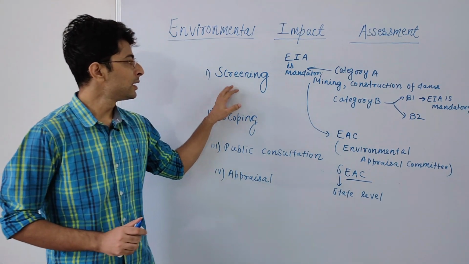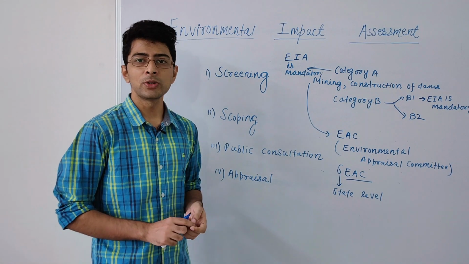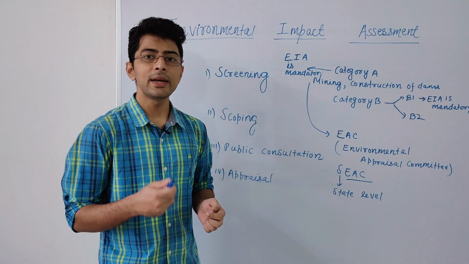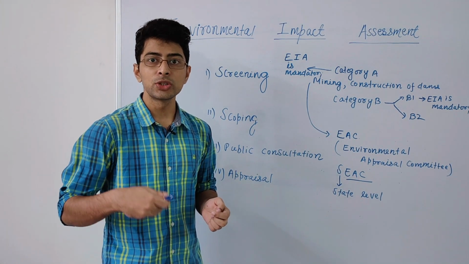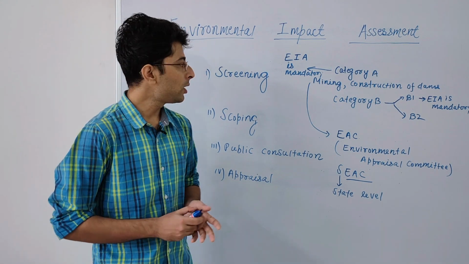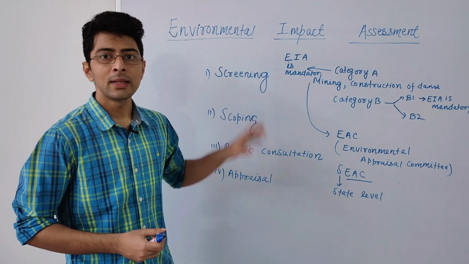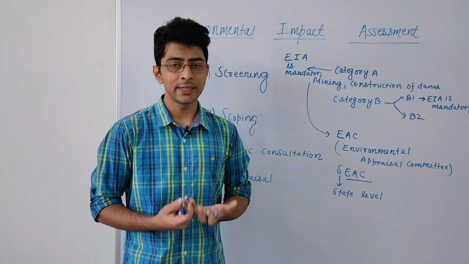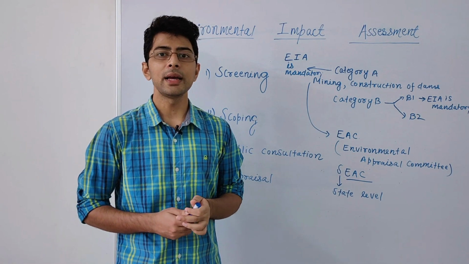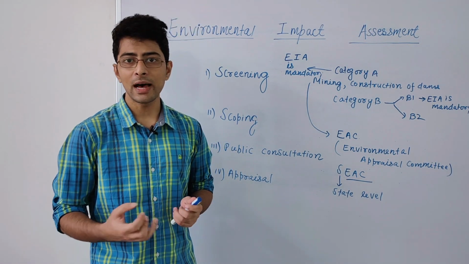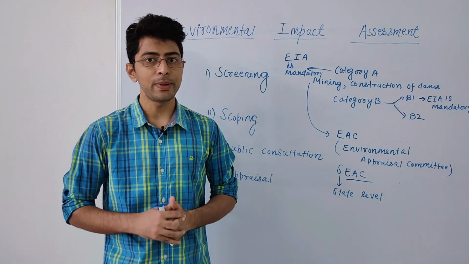In the screening, a decision on whether a project falls under the category where EIA should be taken is done. Now what it means is that not all the projects require EIA, because there can be some developmental projects which will have very little amount of impact on environment.